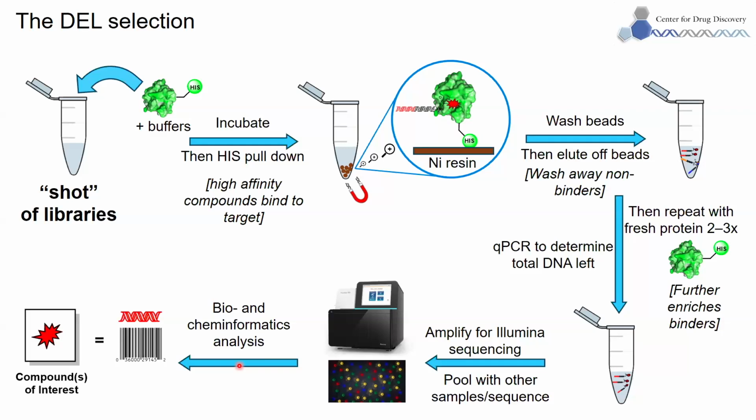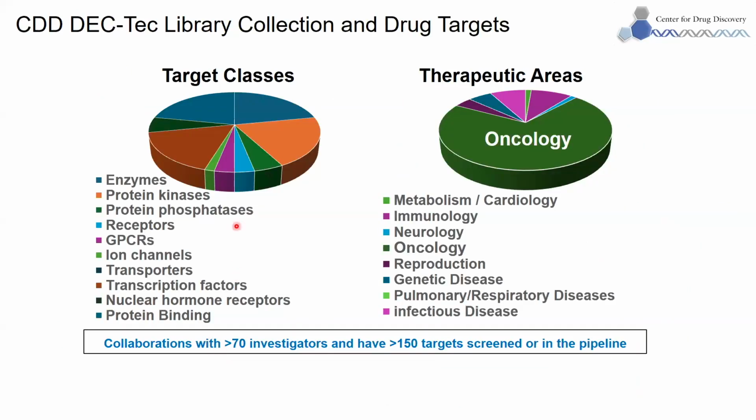So by doing this process, we screened a huge variety of target classes, for example, enzymes like kinases, protein kinases, examples of phosphatases, and nuclear hormone receptors, and so on. And we cover a pretty wide span of therapeutic areas, including cardiology, immunology, and oncology, obviously, which is a major thing, and reproductive biology, and infectious diseases as well.